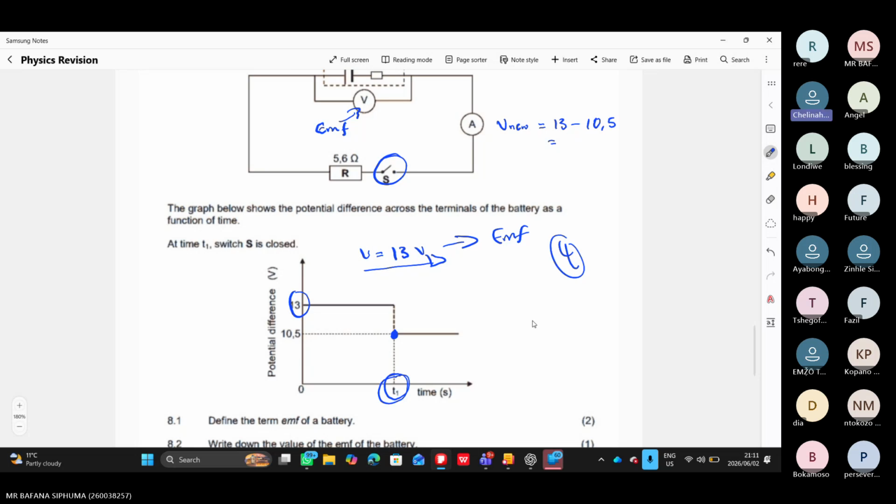That's 2.5 V. So this one is your V internal.